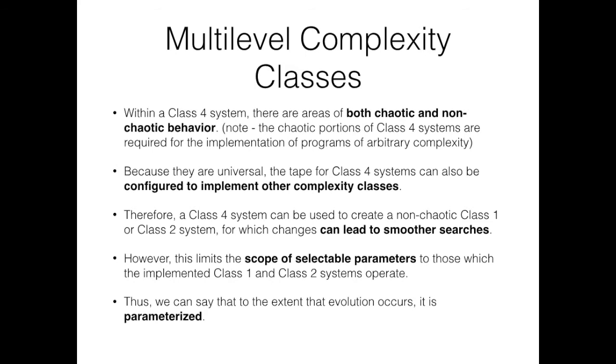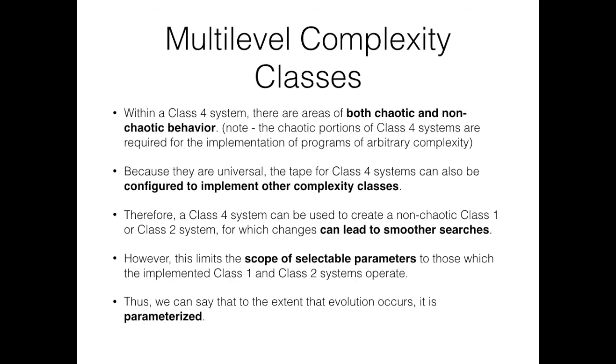Also, because they are universal, a class 4 system can be used to implement other Turing machines, including Turing machines of other classes. So if I have a class 4 complexity machine, I can write my tape in such a way that certain parts of the tape will act more like a class 1 or class 2 system than the rest of the tape.